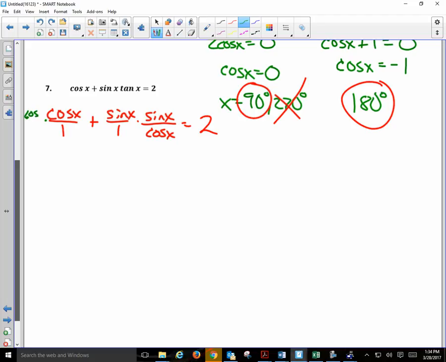Cosine of x over cosine of x. So I found common denominators. My new denominator is cosine of x. What sits in the numerator? Cosine squared of x plus sine squared of x, which B Rodden says is 1.